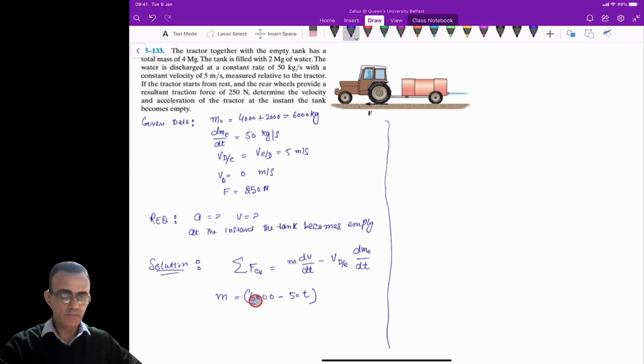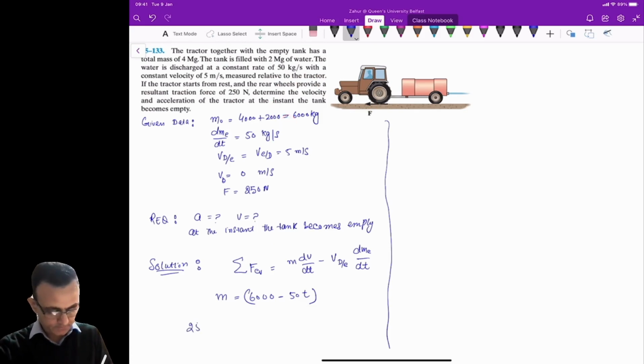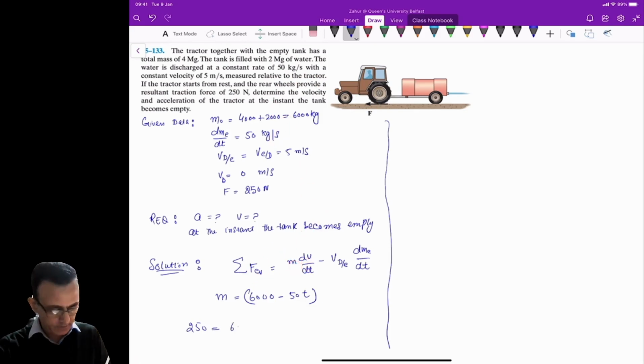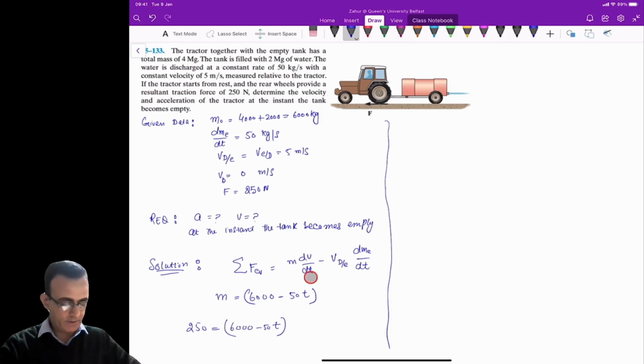Okay, so if you now put these values in this equation, on the left hand side we have the outside forces. So 250 equals m, which is variable, 6000 minus 50t, times dv by dt, which is the acceleration which we need to calculate.